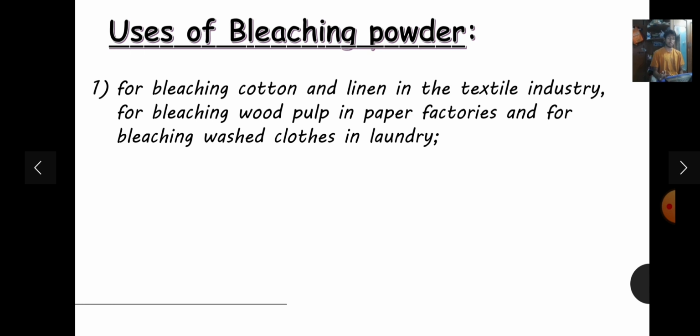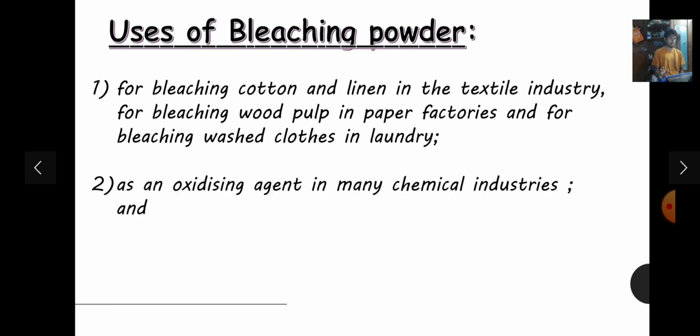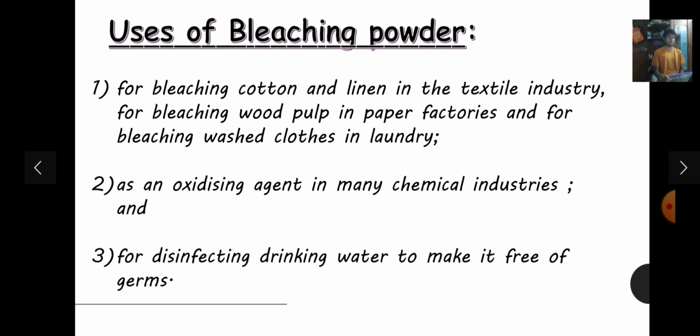It is rich in oxygen and lends oxygen to other compounds which are deficient in oxygen. So it is an oxidizing agent in many chemical industries, and it is also used for disinfecting drinking water to make it free of germs.